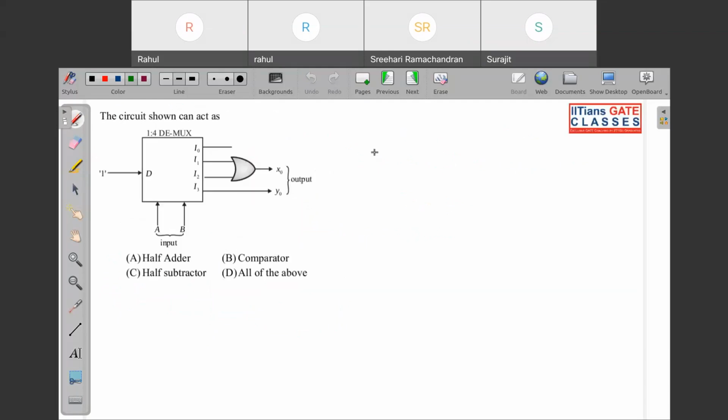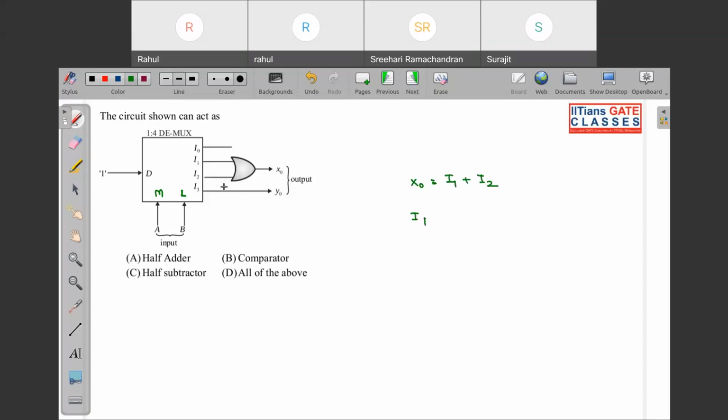Okay, so look over here. The circuit shown can act as, so AB is the input. If nothing is mentioned, this will be the MSB and this will be the LSB. Now I need to find X0 first. X0 is I1 plus I2.